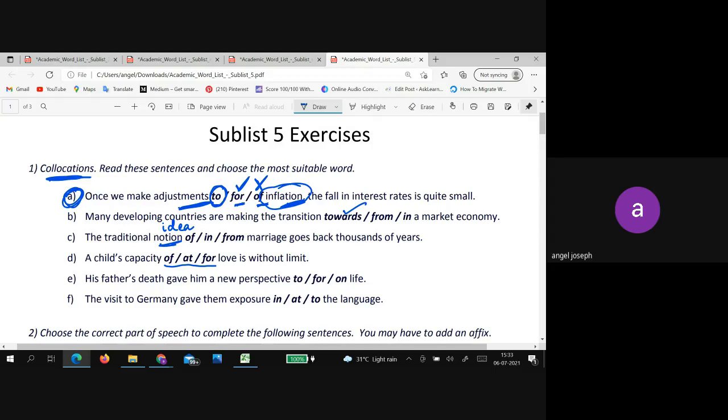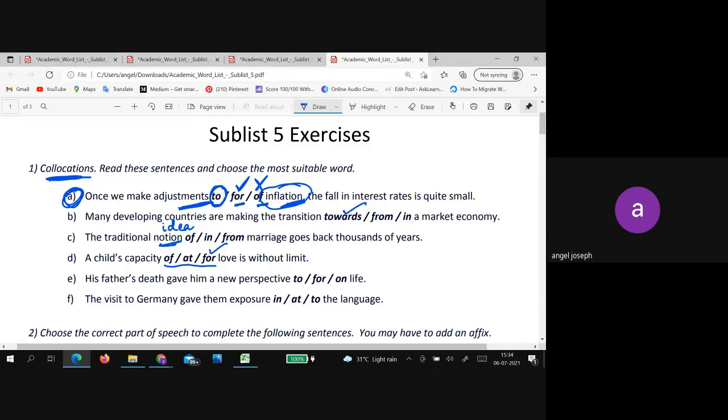Okay, guys, if you like these sentences, these are things that we use in our everyday life. If you want to, take a note of it. Without notes handy, you will forget this vocabulary exercise. That's why I'm telling you the answer is for: a child's capacity for love is without limit.